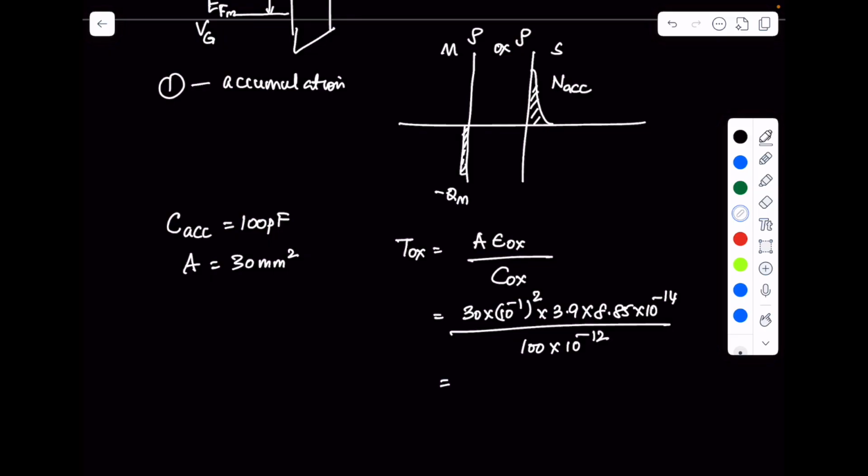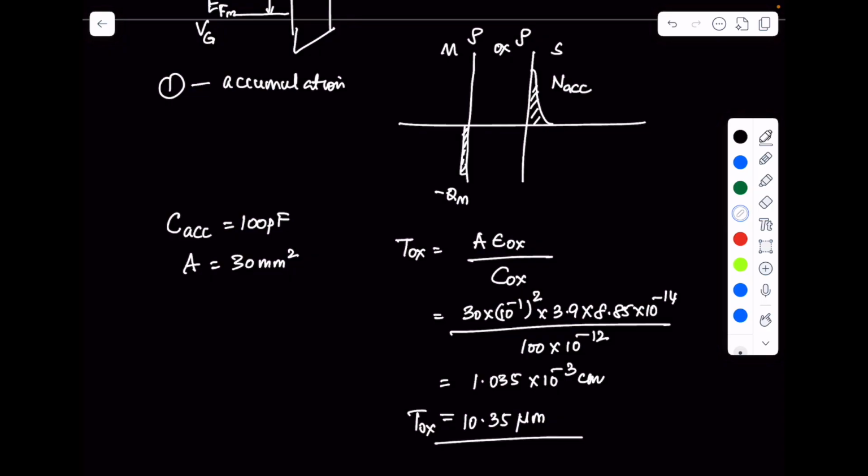This gives you 1.035 into 10 power minus 3 centimeter, or 10.35 micron. That's going to be the oxide thickness for this MOS capacitor.